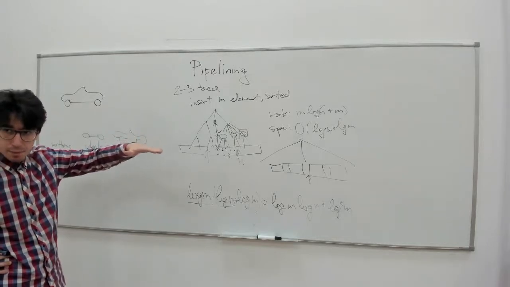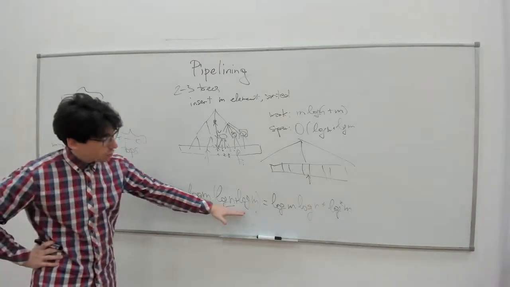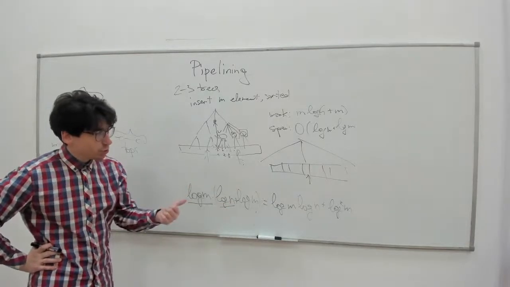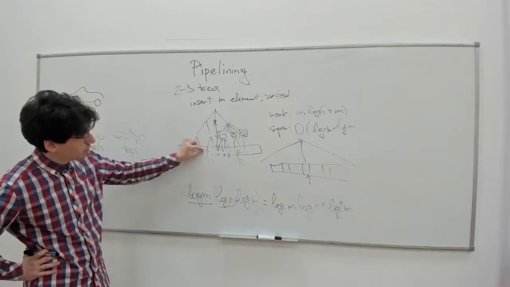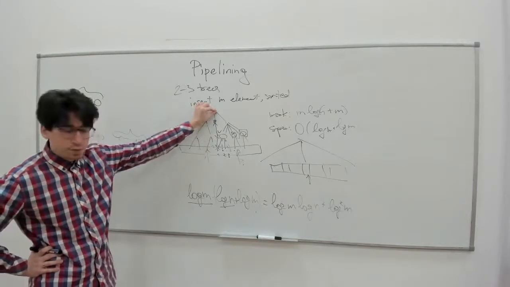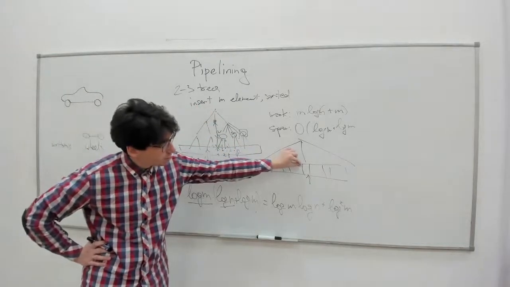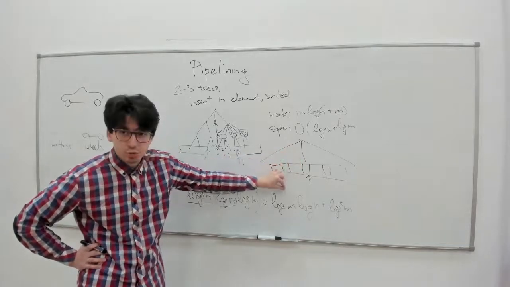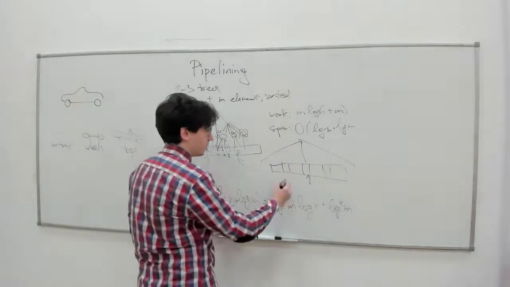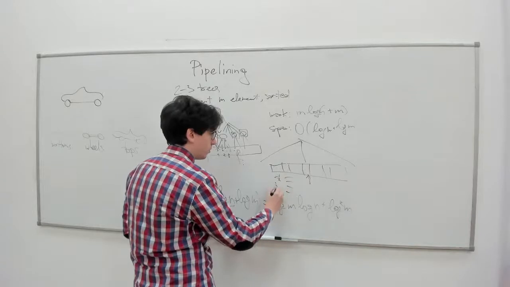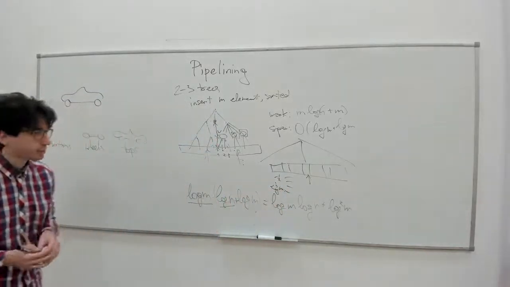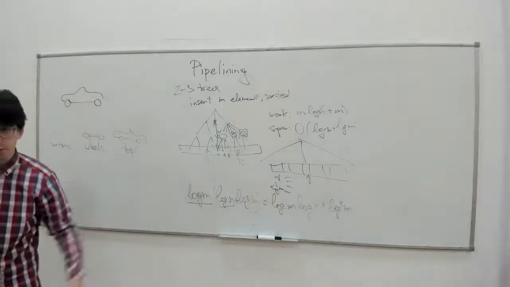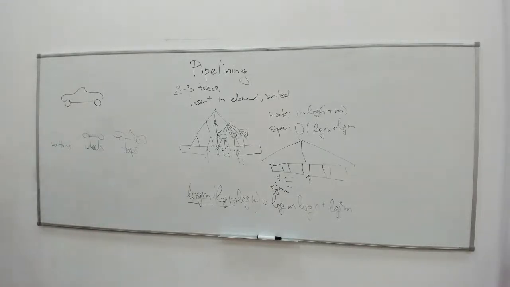And how many times should we do this? We should do this logarithm n times to put the new element to the top. At the same time, it is logarithm m because here you insert these elements in logarithm m steps. Thus, in total, you will get this complexity.